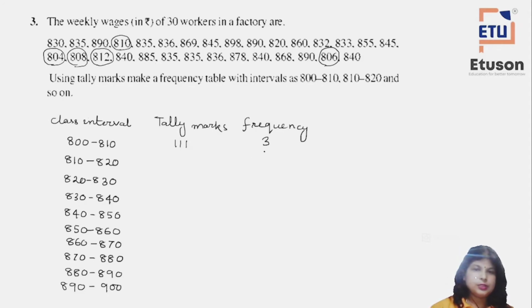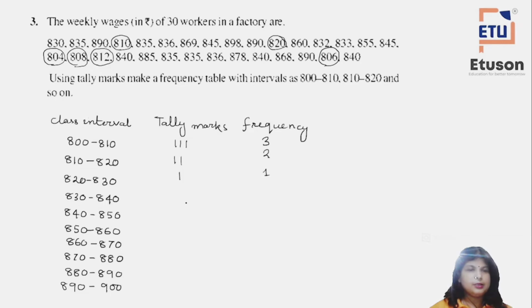No. So it is 2, so let us draw the tally mark for 2. Now 820 to 830. Here comes your 820, so this is 1. Anything else? No. So it is 1, and the tally mark is represented by a single line.